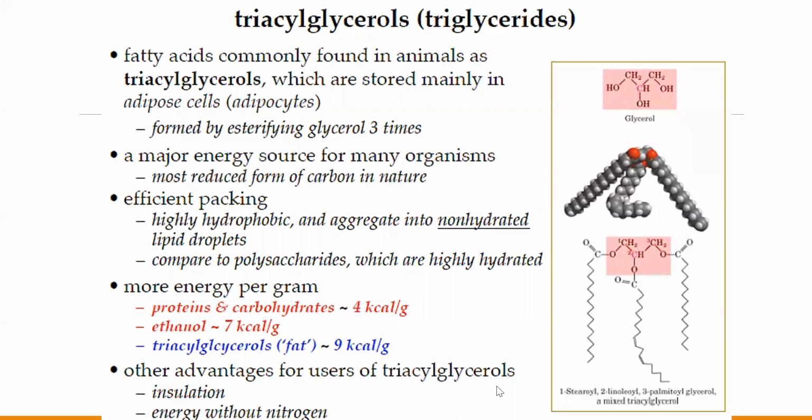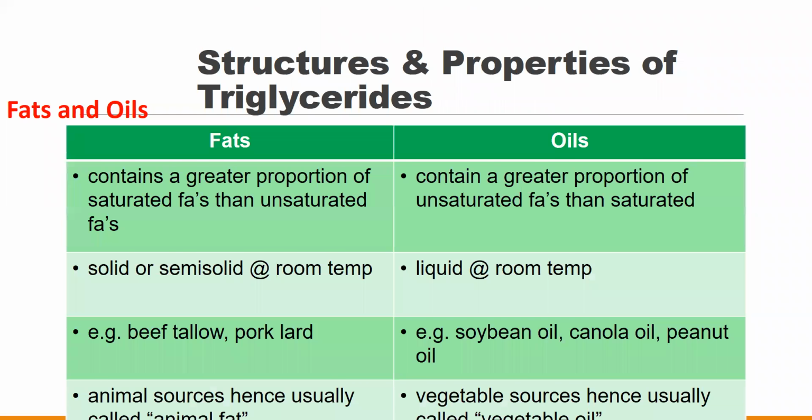So there's more energy per gram if you eat a lot of triglycerides, animal oils, animal fats, and plant oils. Another advantage of triacylglycerols is that they are used for insulation and energy storage without nitrogen, and you can have metabolic water formation. Oxidation would yield carbon dioxide and water.